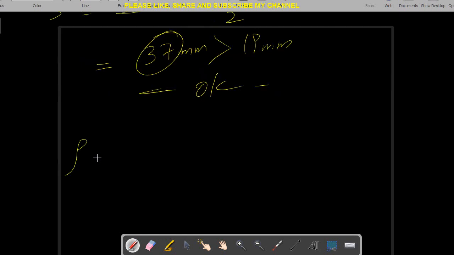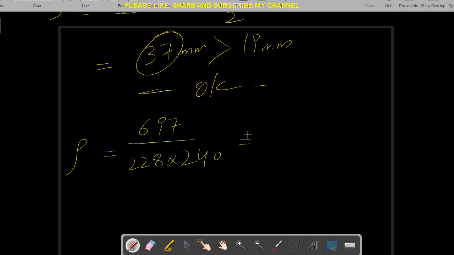Need to calculate the ductility check. So rho is, we have area of steel now. So we need to calculate area of steel. So the area of steel, as we calculated, this is 697 divided by BD. So B is 228 times D is 240.